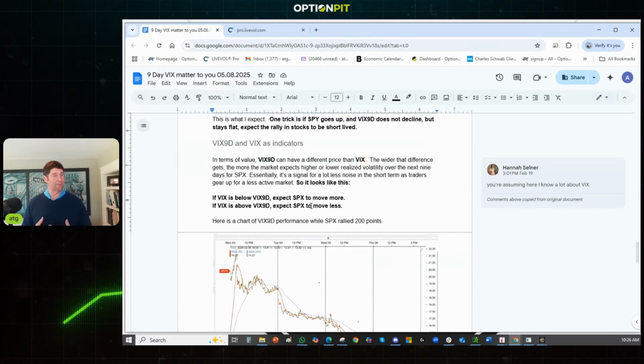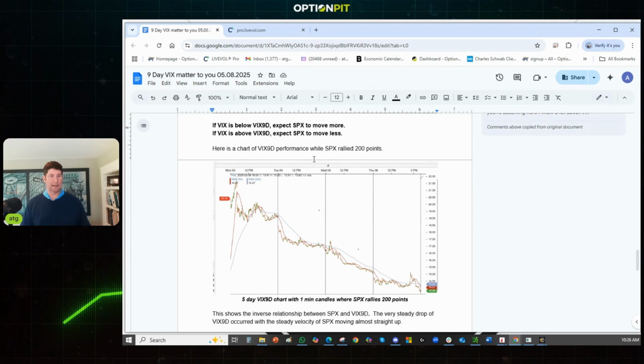Or you set up volatility positions like with the vol products, or maybe lean a strangle in SPY, or if you're an overnight trader into the end of the day, if you have any strength, you see that 9-day volatility diving 2-3 o'clock in the afternoon, there could be some more legs to an SPY or an SPX rally by the end of the day. So it's a nice little indicator to look at to build a move into the end of the day. I will have this sheet available, I think, when Christian sends everything out.